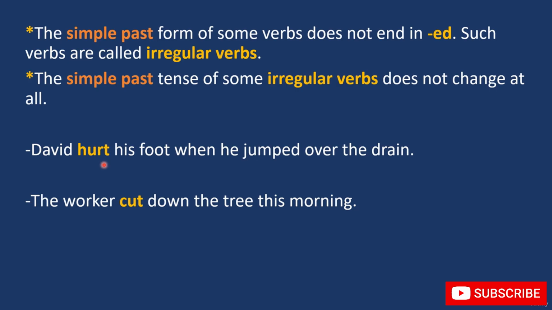But in the past I cannot add S. So here when I say David hurt his foot, this is past. If it's present, I should have said David hurts, but this is past. Also the worker cut, this is past. If it's present, I will add S, the worker cuts. But now we speak about irregular verbs in the past simple tense.